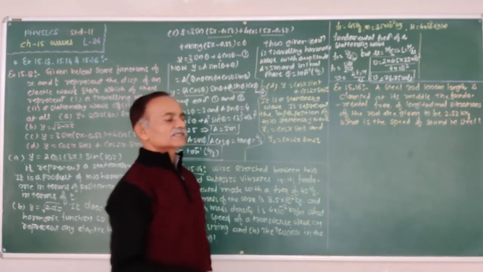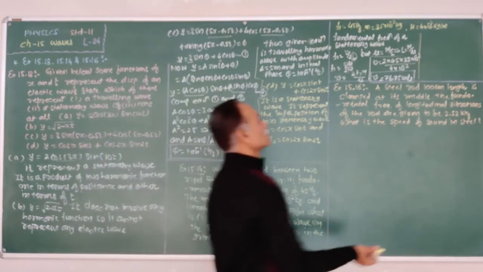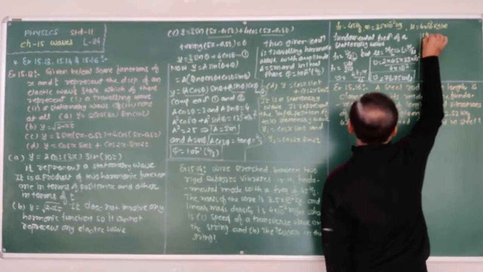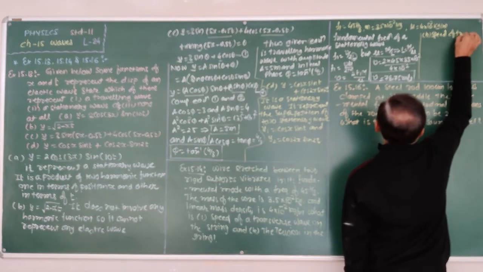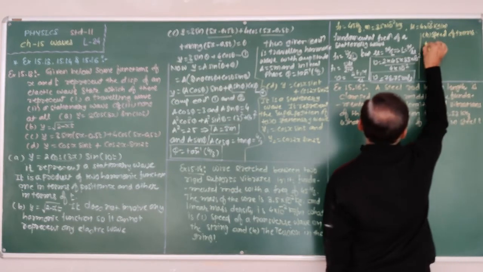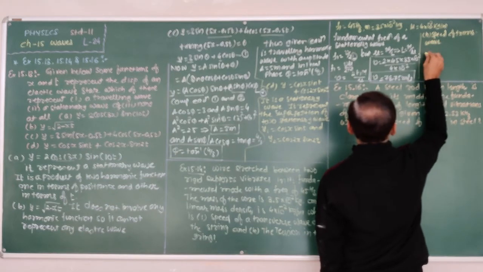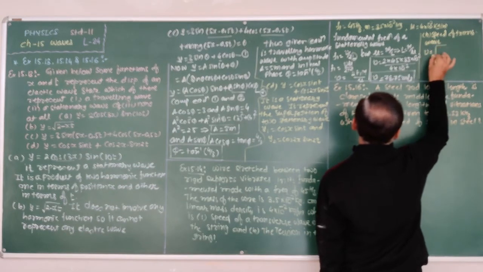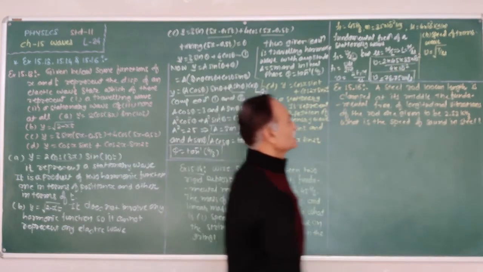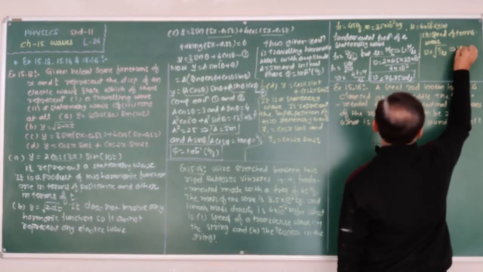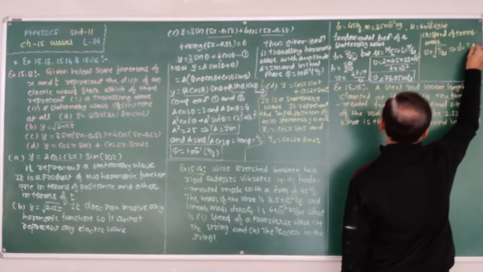We know that the wave speed of a transverse wave, V is equal to under root of T upon mu. Making the square, V square is equal to T upon mu.